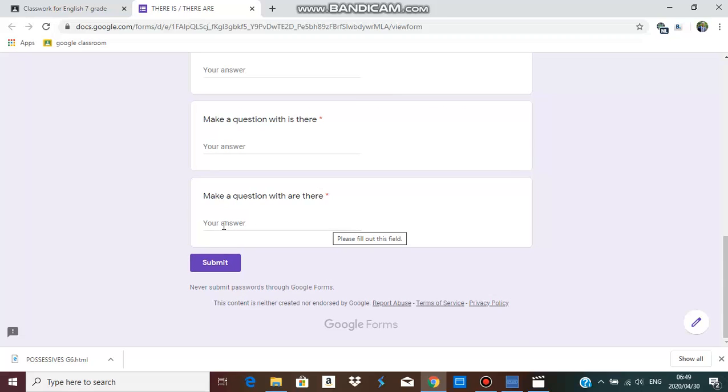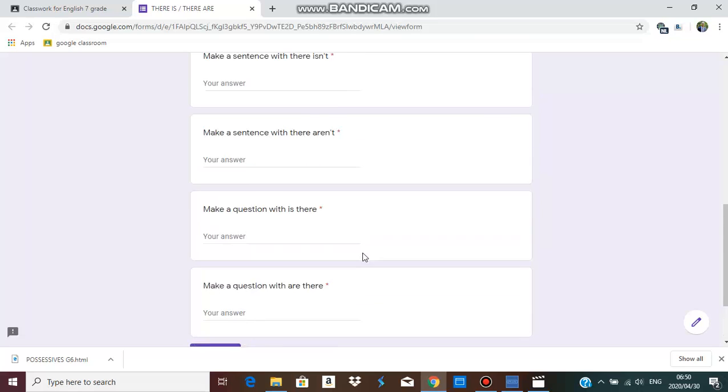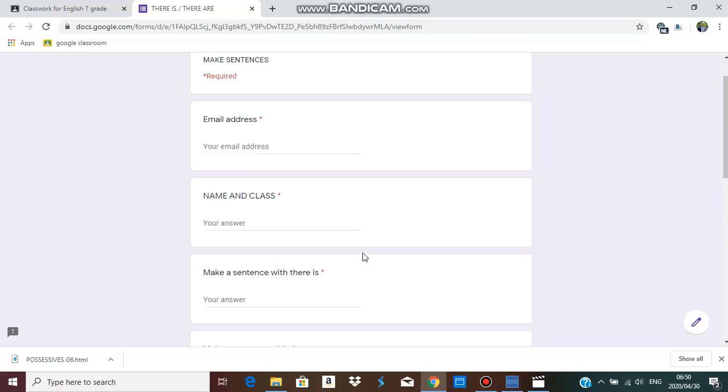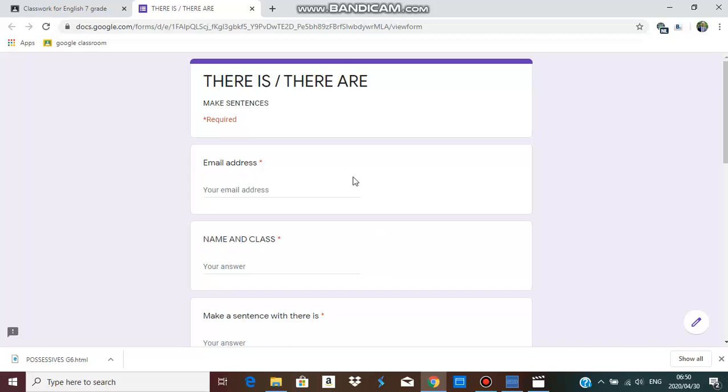Please start with a capital letter and the rest small letters, one space between the words, and end with a full stop. When you have completed the task, click submit and then I will receive it. Please be patient with the marks because I have lots of questions from 24 students to mark today.